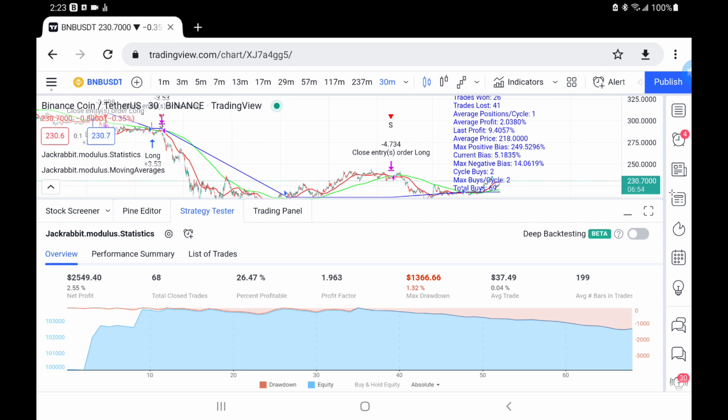The sensitivity of the trend is critical. Your analysis of the trend is critical. Understanding whether or not you have a trend is critical. Momentum is not trend. Momentum may help you find the trend, but it in and of itself is not the trend.